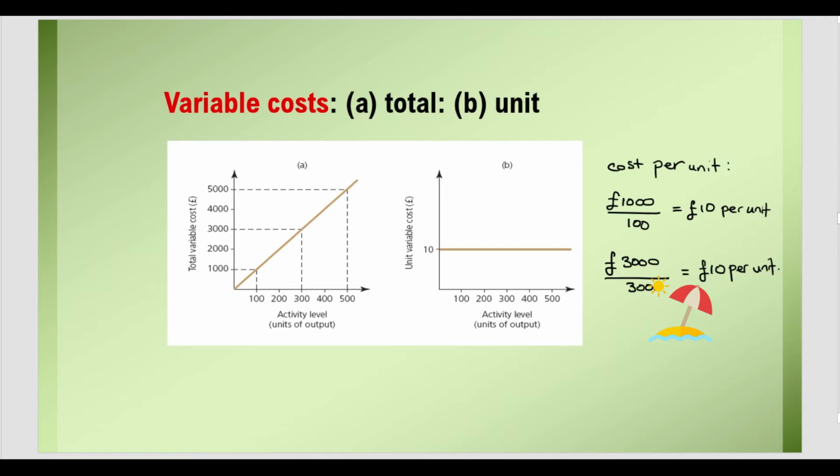And when we take £3,000, we divide by 300 units, we still get £10 per unit. So we can say that the variable cost per unit is £10. This is the variable cost.